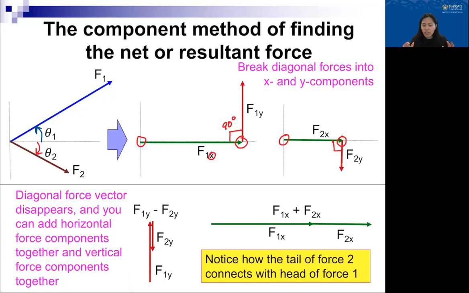The next question is, how do we get the magnitude of these horizontal and vertical vectors? We know we have to get the horizontal and vertical components, but how do we calculate how much the horizontal and vertical components are?